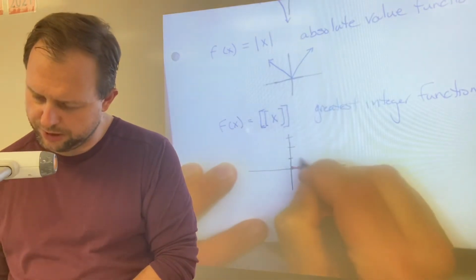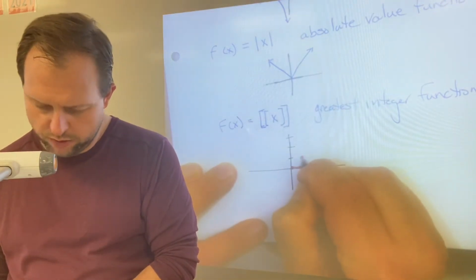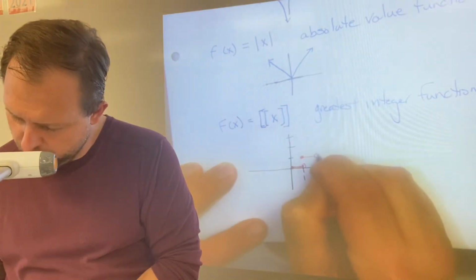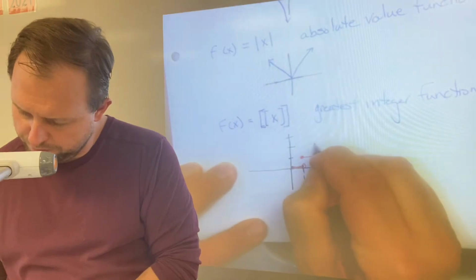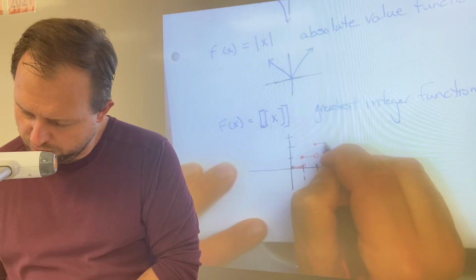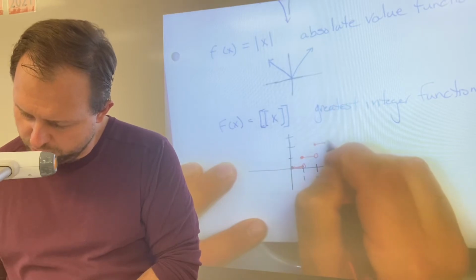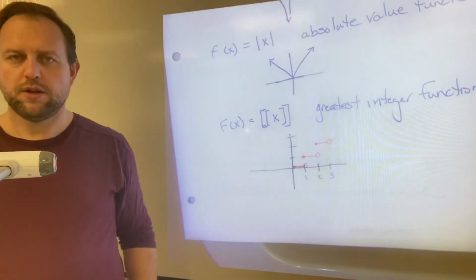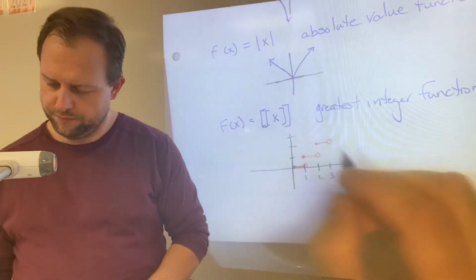And then it stepped up to a closed circle, over to 2 where it's an open, step up to 2, and all the values between 2 and 3. But once it hits 3, it's an open circle, and it'll step up to 3 and go from there. Okay?